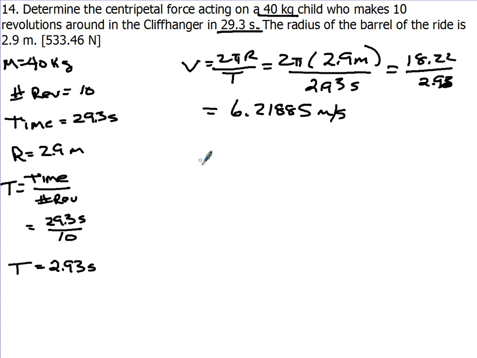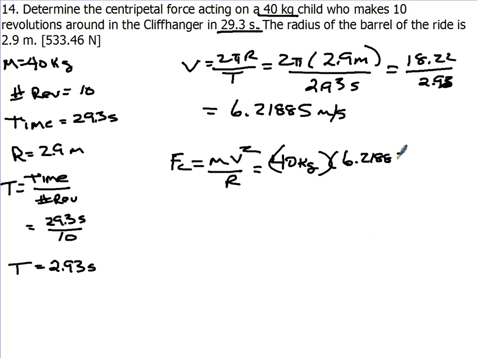So I have the speed, and I want the centripetal force. Fc is mv squared divided by r. So the mass is 40 kilograms. The speed I just found to be 6.21885 squared, divided by my radius.